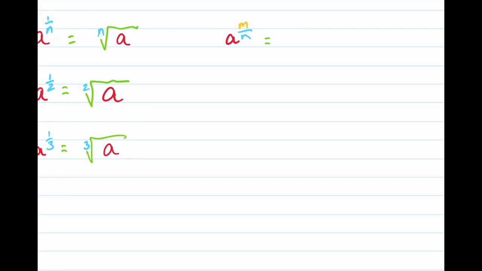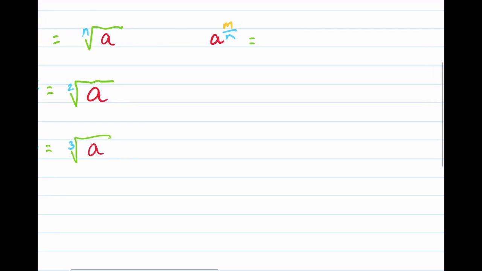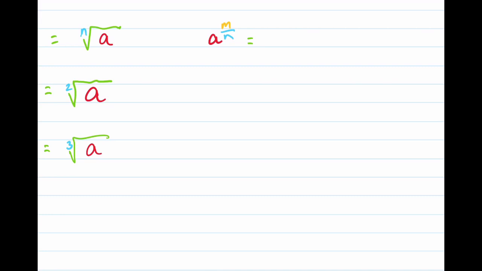Well, the n stays the same, so we would still have the nth root of a, but with our m, we're going to put that right here. So this says a raised to the power of m, and then take the nth root of that.